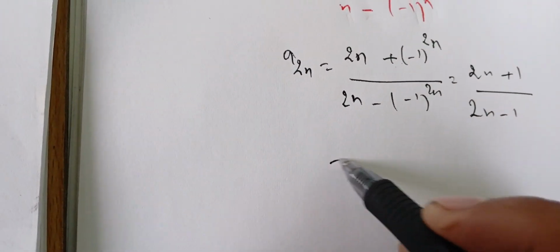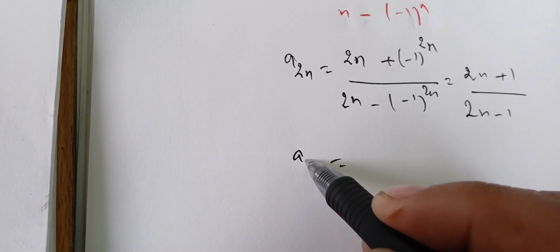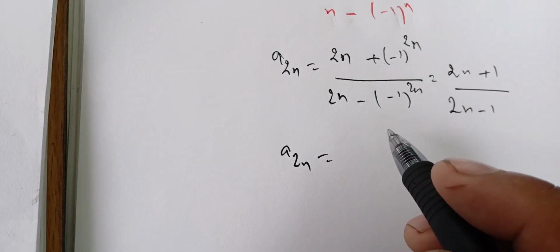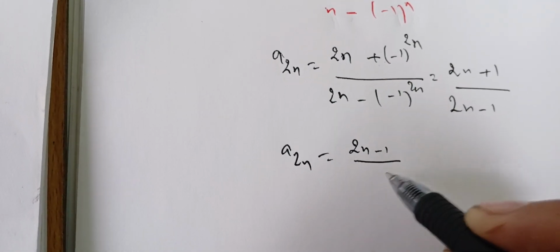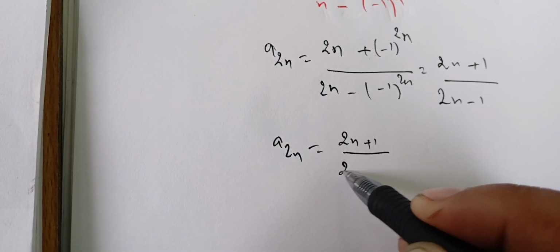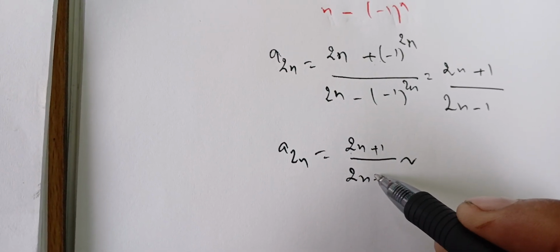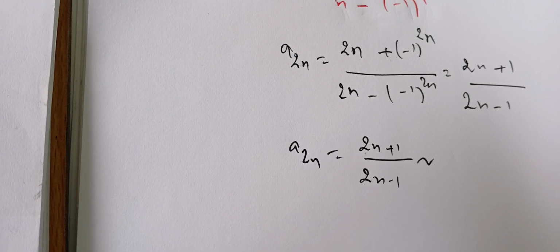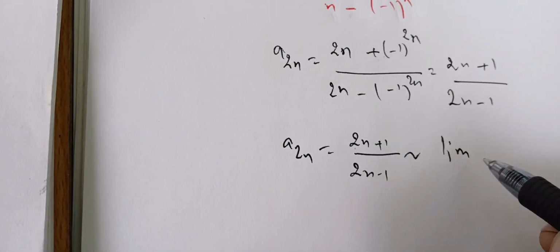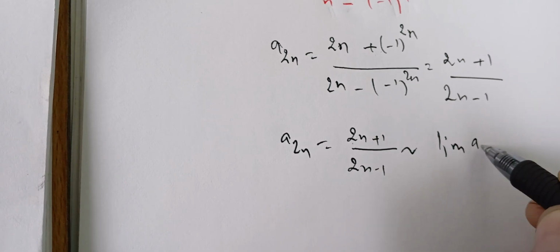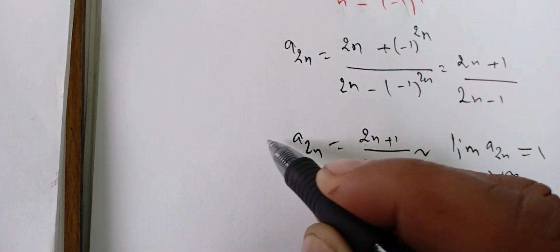So the sequence a_{2n} is (2n + 1) over (2n - 1). It's behaving as 2n over 2n, which is 1. Therefore we can see that the limit of a_{2n} is 1 as n goes to infinity.